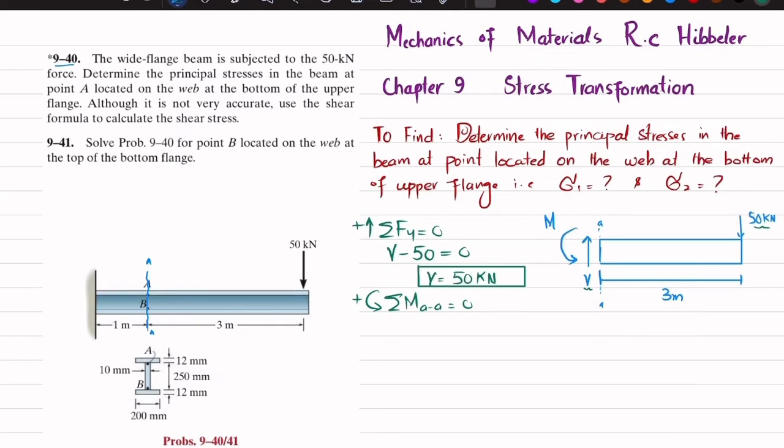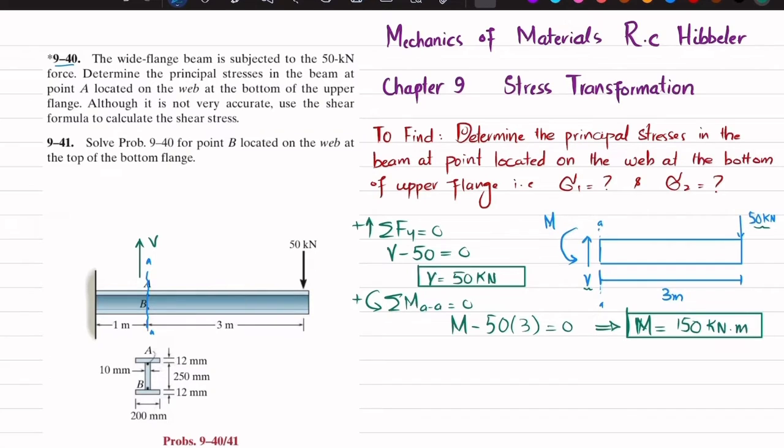So their sum must be equal to 0. I will write M minus 50 into 3 is equal to 0. So from here this moment will be equal to 150 kilonewton meter.